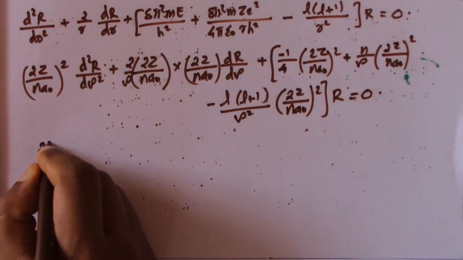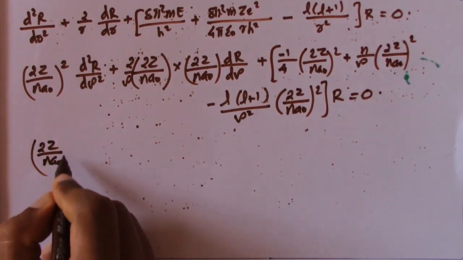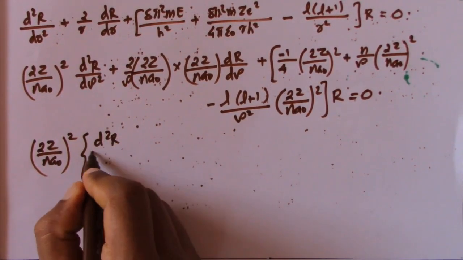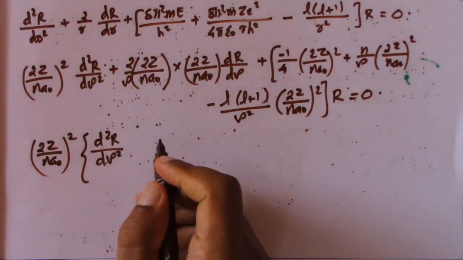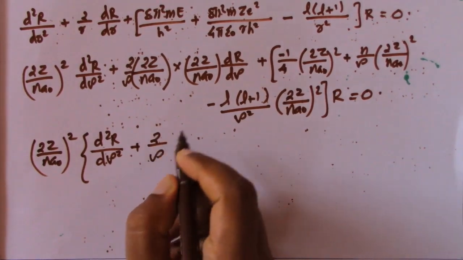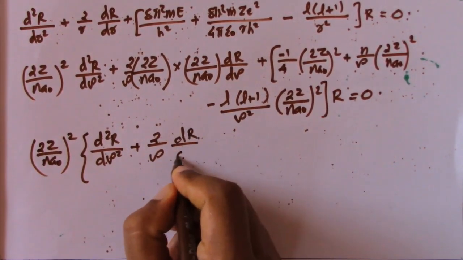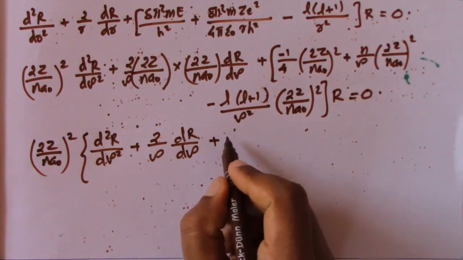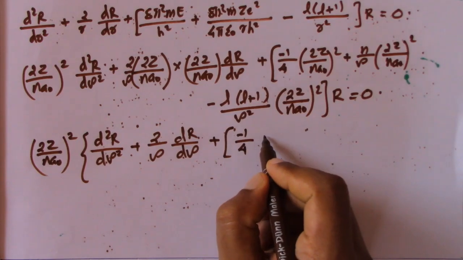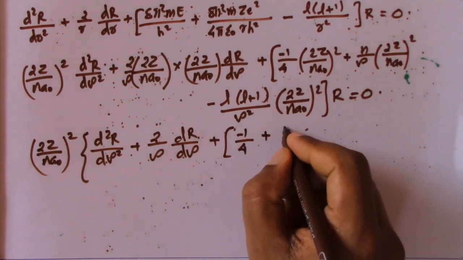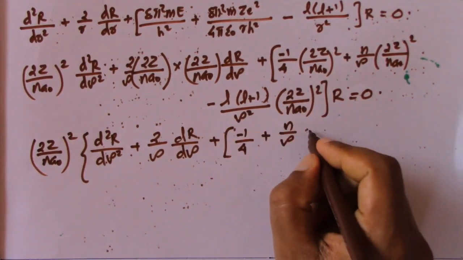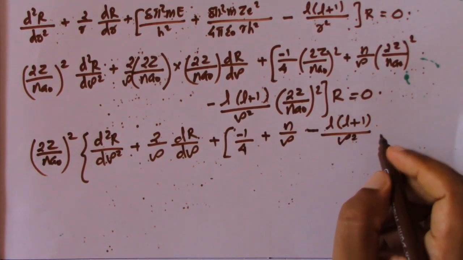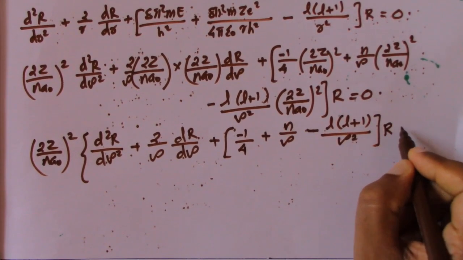So we have (2Z/na₀)² as a common factor into what is remaining: d²R/dρ² plus 2/ρ into dR/dρ plus, inside the bracket, minus 1/4 plus n/ρ, and here what is remaining is minus L(L+1) divided by ρ², into R is equal to 0.